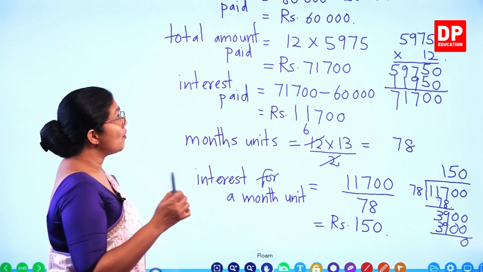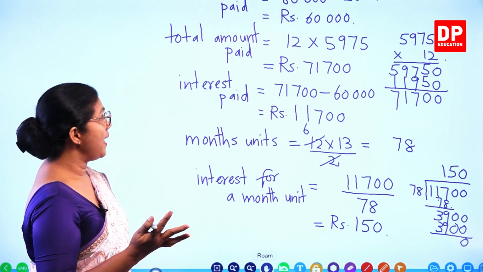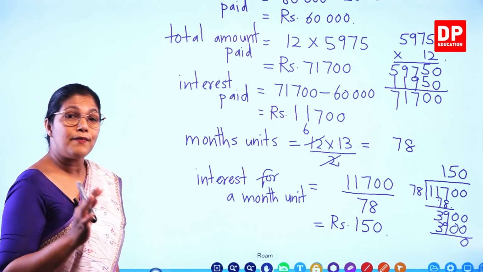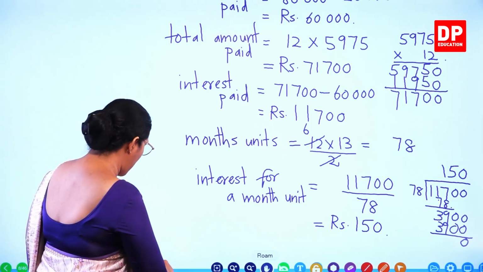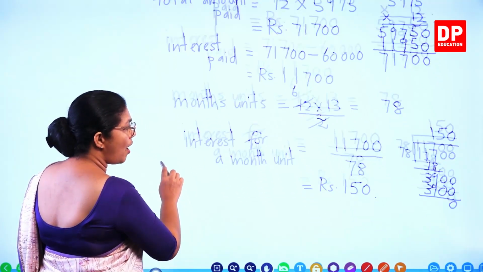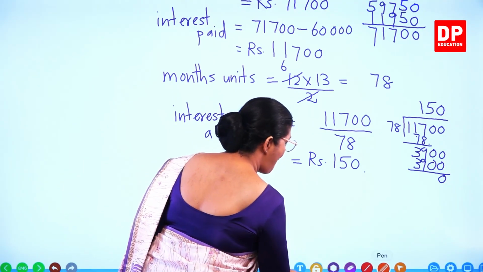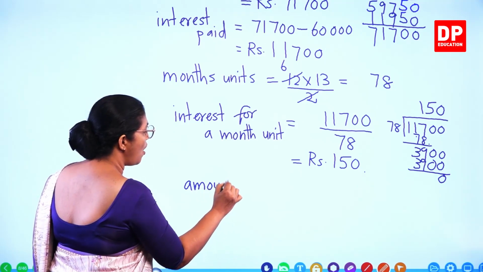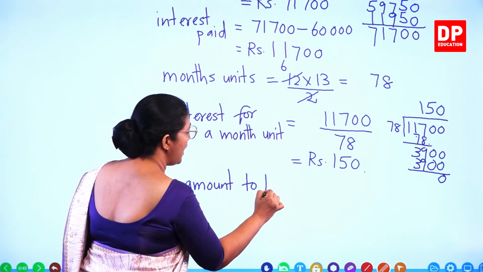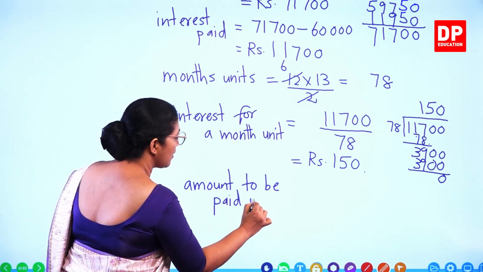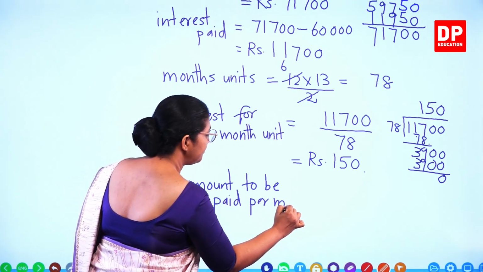Now let's take, now 60,000 needs to pay, and for 12 equal months. So you can straight away find out what's the amount to be paid per month without the interest. Amount to be paid per month.